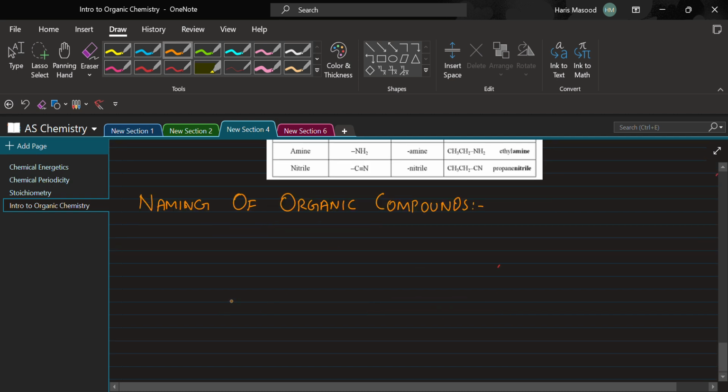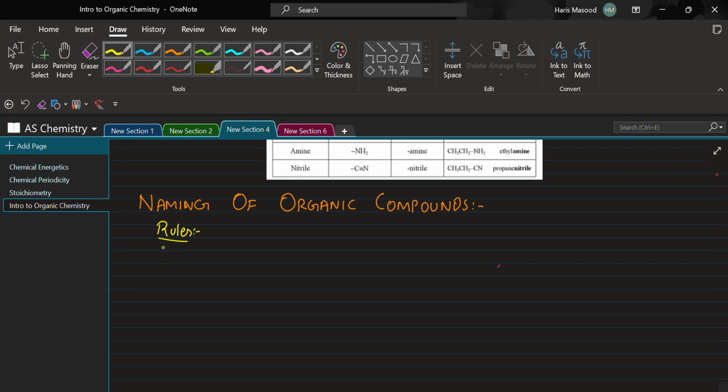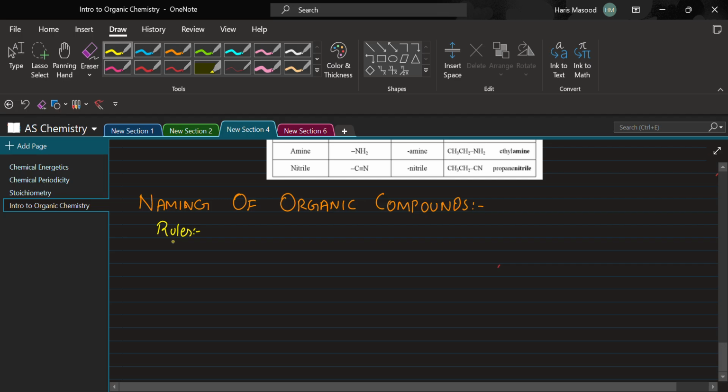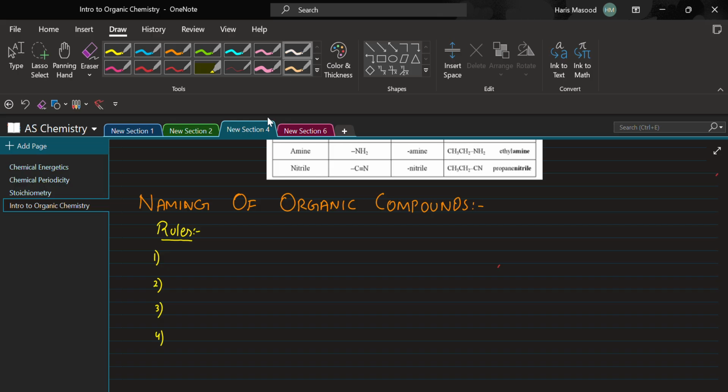So for the naming of organic compounds, you have to remember some rules. Rule 1, 2, 3, 4. Rule number 1.